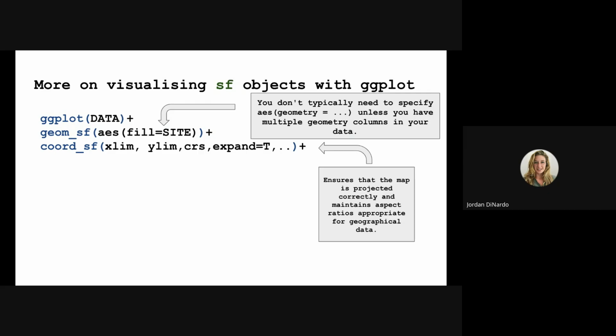Then there's expand equals TRUE or FALSE. That is just an argument saying sometimes, if you say expand equals TRUE, the map will bump out a little further than your x and y limits just to create some sort of plot margin. If you don't wish for that to happen, you would just say expand equals FALSE here.